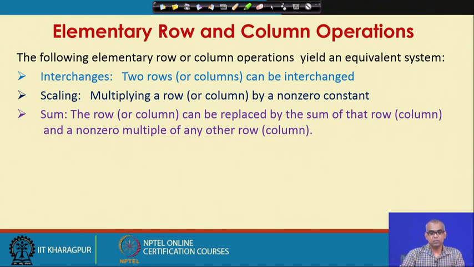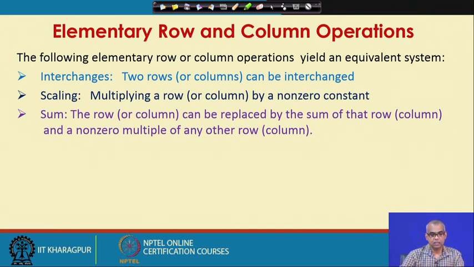There are certain operations which we call elementary row and elementary column operations. When you perform elementary row or elementary column operations, you get an equivalent system. There are 3 elementary row or column operations which you can perform on a matrix, and that will yield an equivalent matrix.